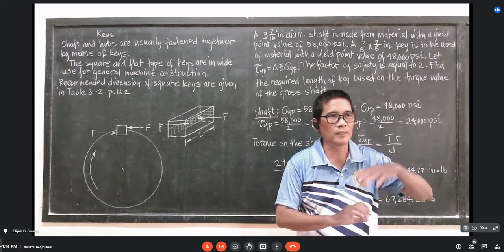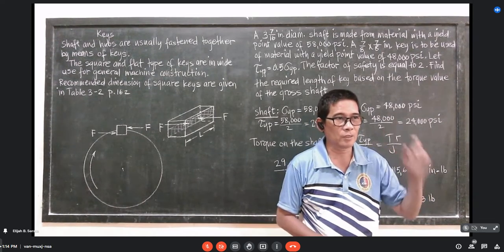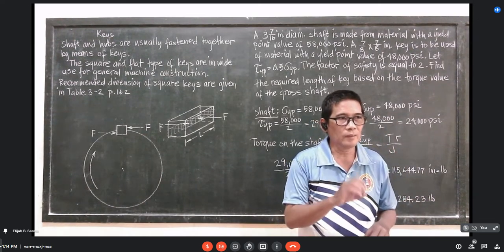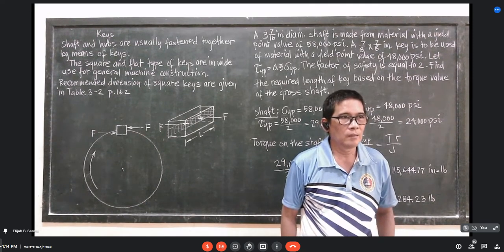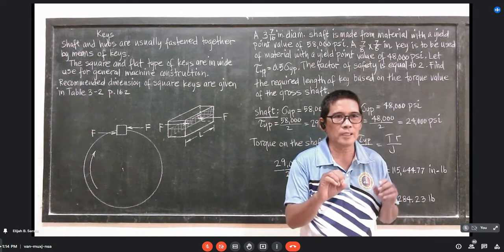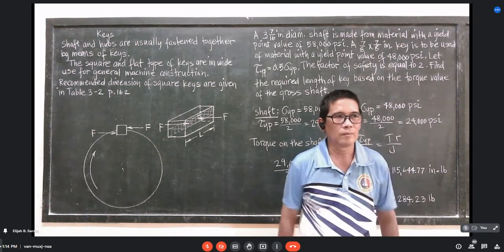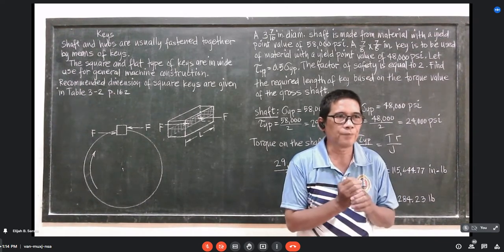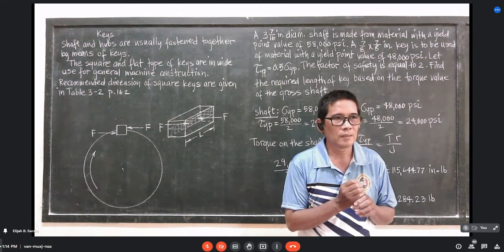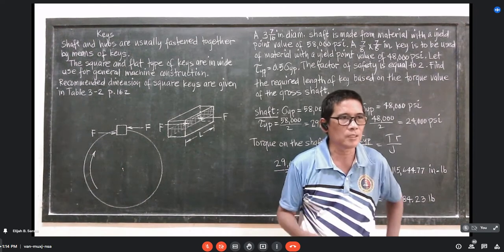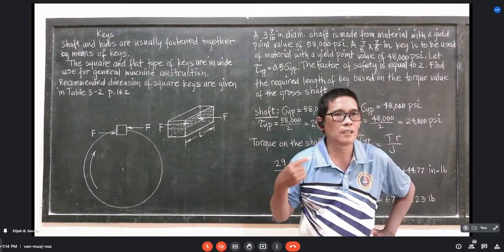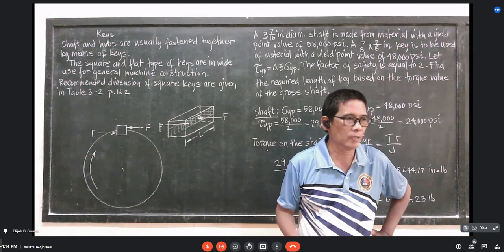Kanang tauran sa radios, okay? And that is a hub. The most common application is that it is inserted on the shaft, and then the hub will rotate with the shaft. Or as the shaft rotates, it will drive the hub.